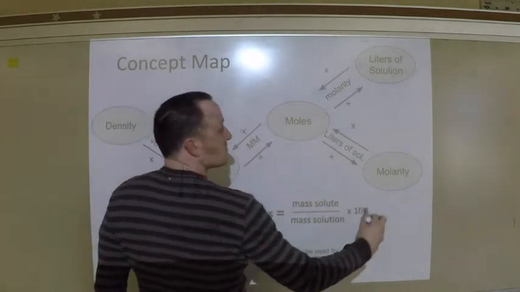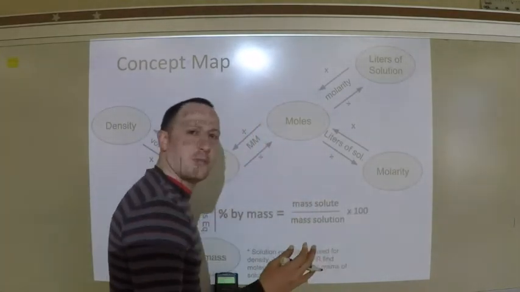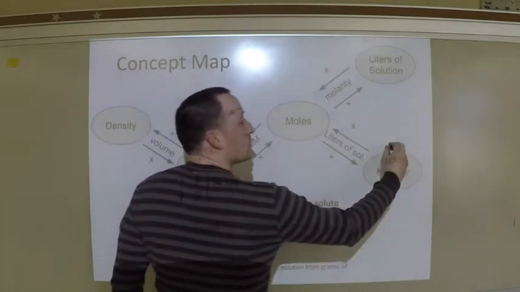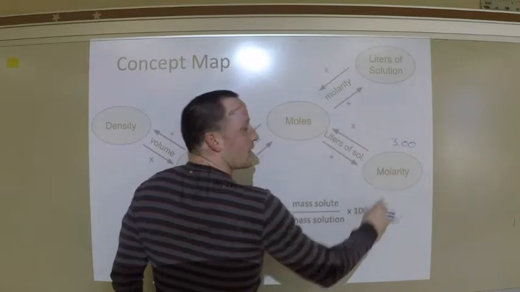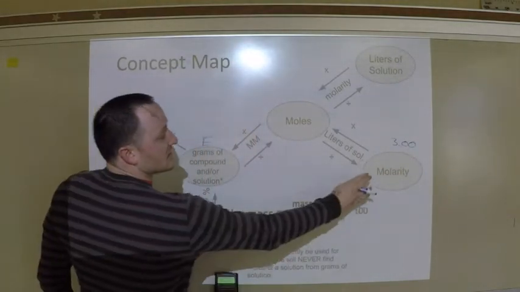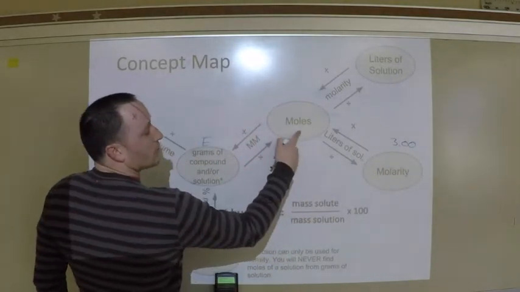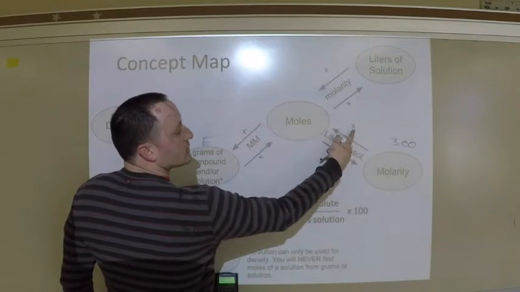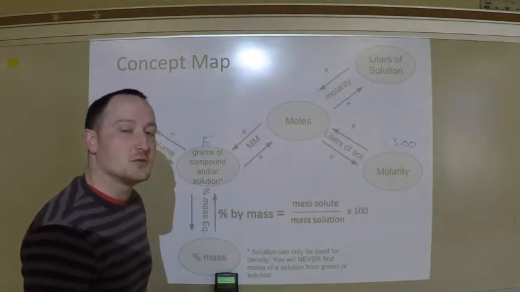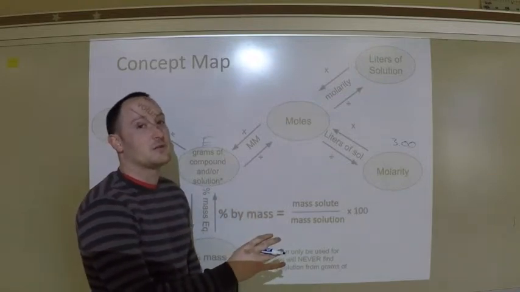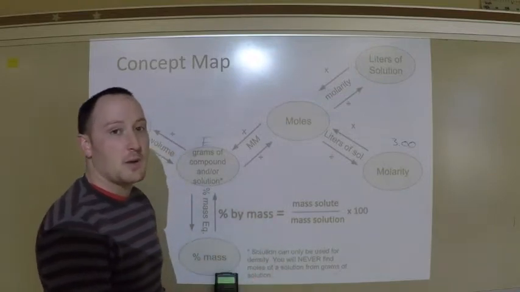Okay? So, what was the molarity of my solution? It was 3.00, and that was molar, so that's why I'm starting here. Then it says, if I want to change from molarity to moles, I need to multiply by liters of solution. Well, what was my liters of solution? Remember, it gave me 500 milliliters. That's not my liters of solution, that's my milliliters.